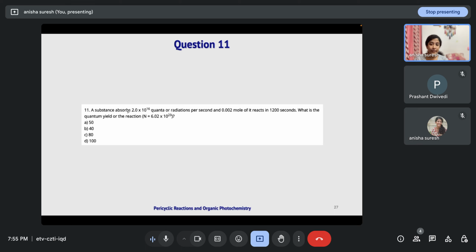What is the quantum yield of the reaction? They have also given the Avogadro number, 6.02 into 10 power 23, for calculating the number of molecules. Please try to solve and find the answer.